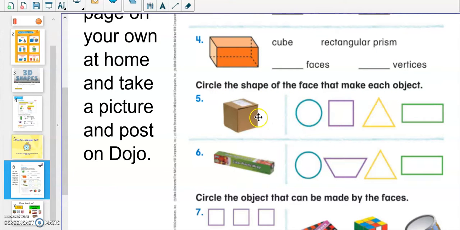So the faces are the flat parts of each object. So what is the face of this object? Circle one of these shapes for the faces. And this is another object. So now you have to circle one of these that are the shape of the face of that object.